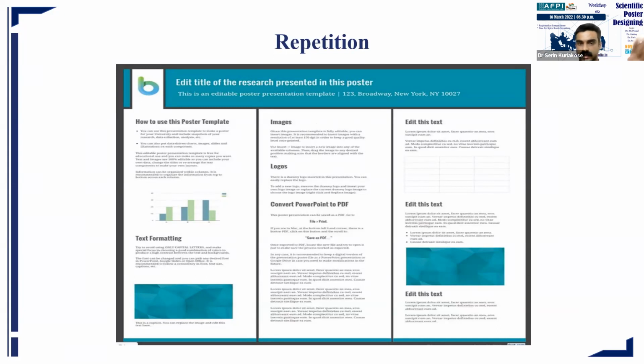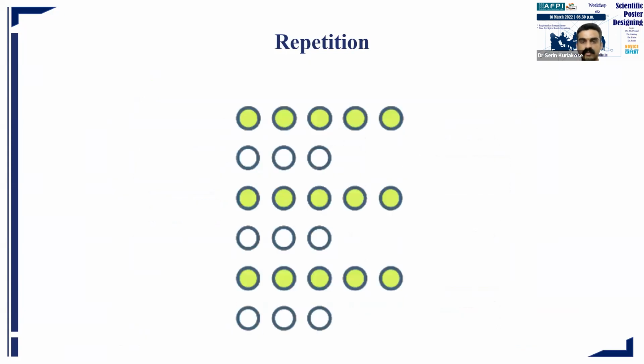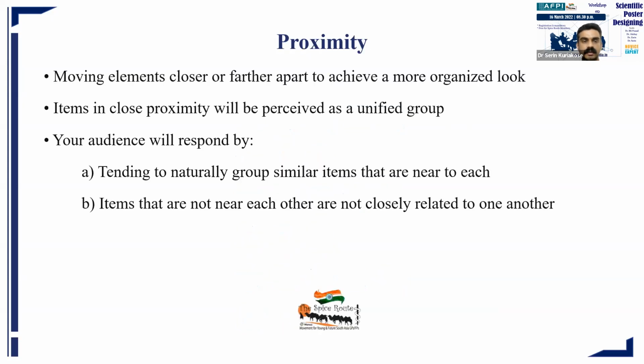In the same way, if we repeat the same structure, it can be in different ways. Again, what is the repetition here? The yellow color dots are being repeated in the same manner, and the white color dots are also repeating in the same manner. We have to keep that rhythm in the posters.